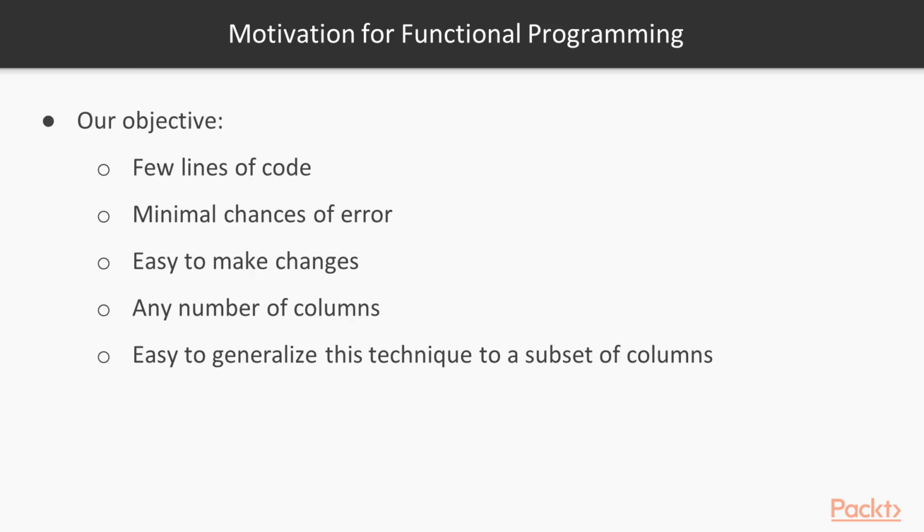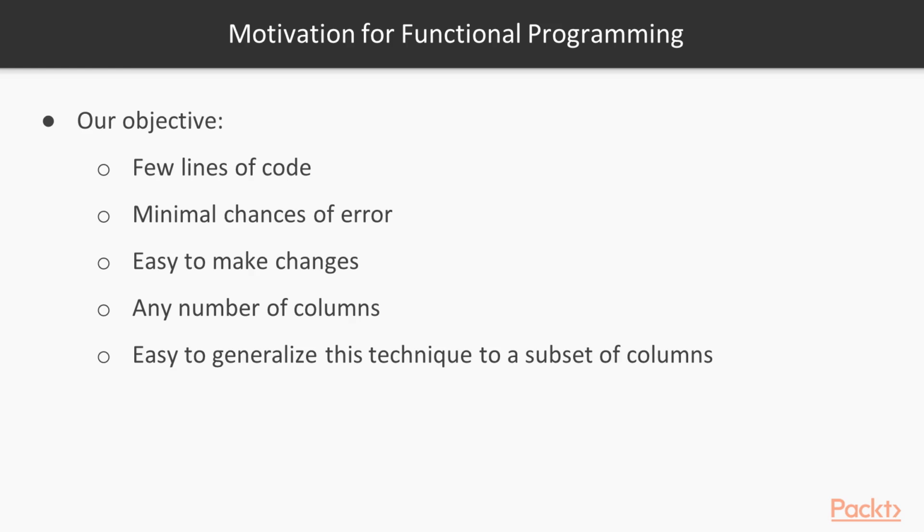What happens in real life projects is that we write the code and then later on we realize that this is something that needs to be changed. So there is a lot of to and fro that keeps on going. So our code should be such that it is very easy to make changes, and doing this kind of functional programming helps us minimize all these chances.